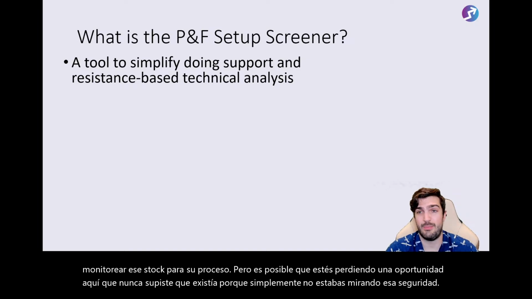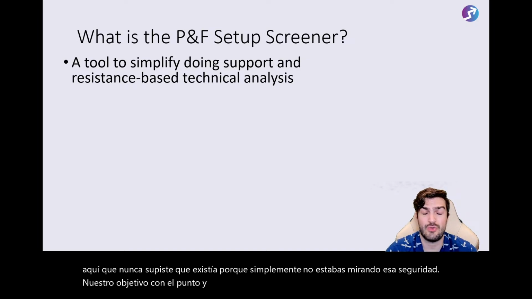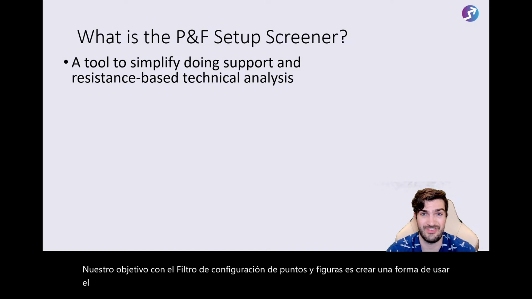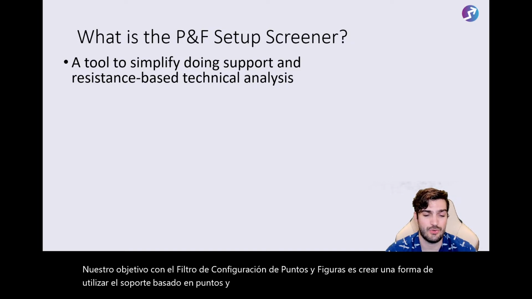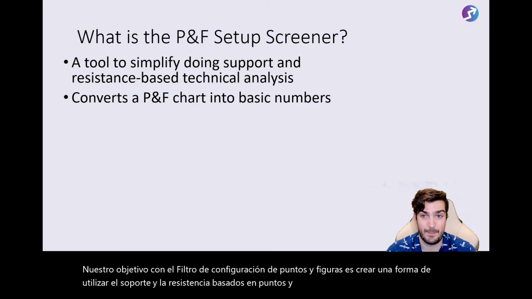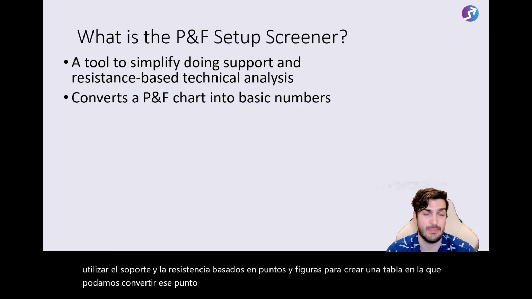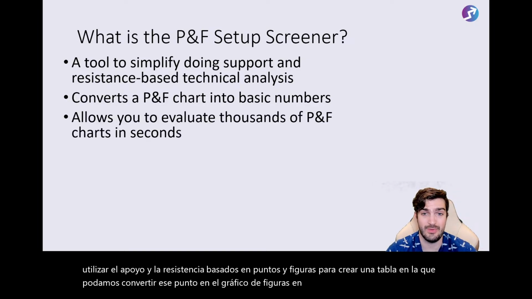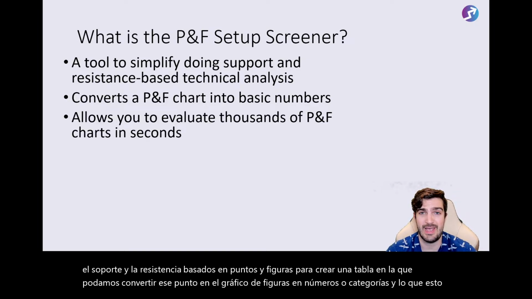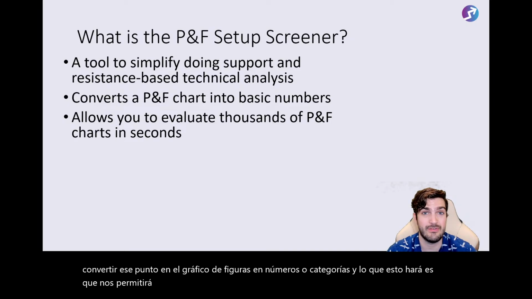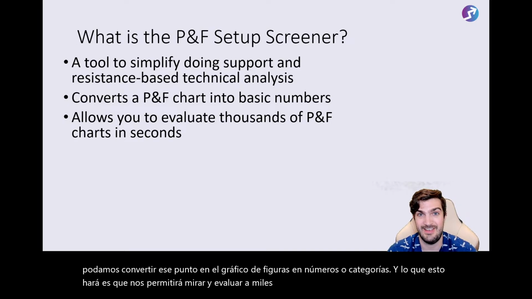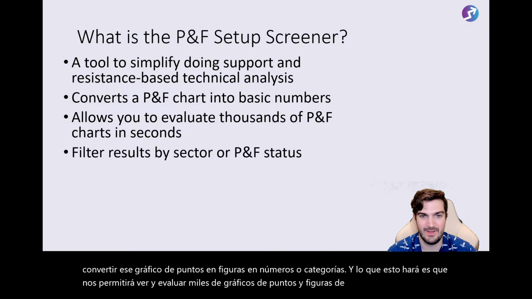Our goal with the point and figure setup screener is to create a way of using point and figure based support and resistance to create a table that we can convert that point and figure chart into numbers or categories. And what this will do is it will allow us to look at and evaluate thousands of companies' point and figure charts in seconds.